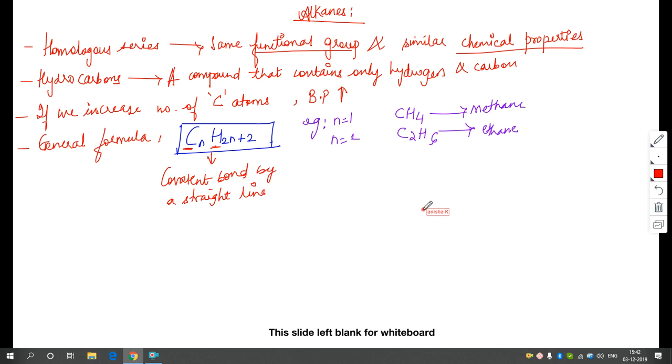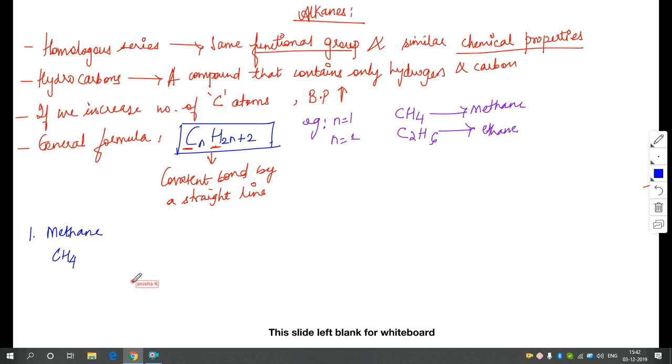Now we'll see the names and structures of the first five alkanes. First, when n is equal to 1, we get methane. Molecular formula is CH4.